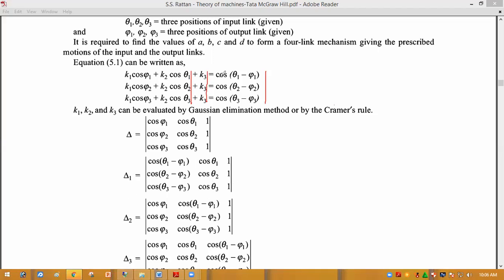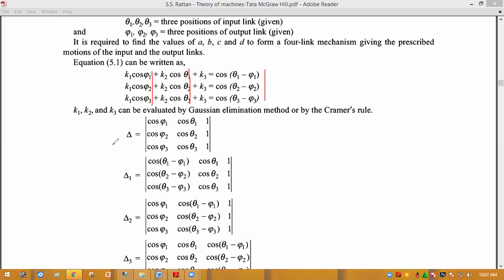Delta 2 will be: take cos phi 1 as this column, cos theta 1 minus phi 1 as this column, and the third column will be k3 k3 k3. This is delta 2. And delta 3 will be cos phi 1 as the first column, the second column, and the last one, cos theta 1 minus phi 1, cos theta 2 minus phi 3.